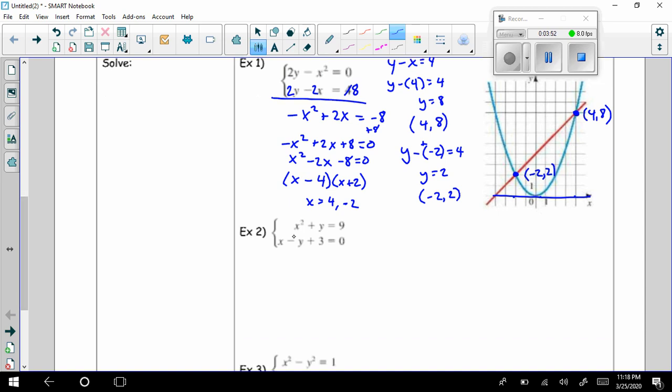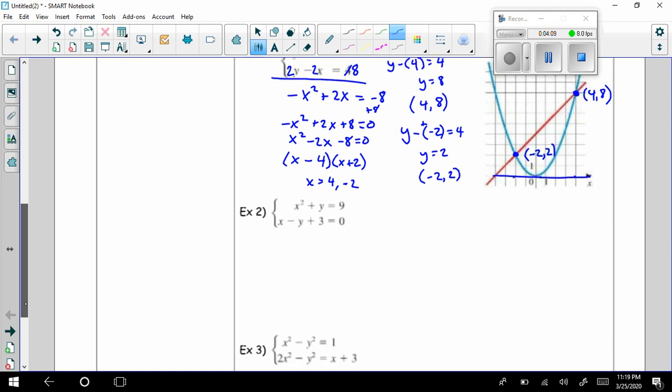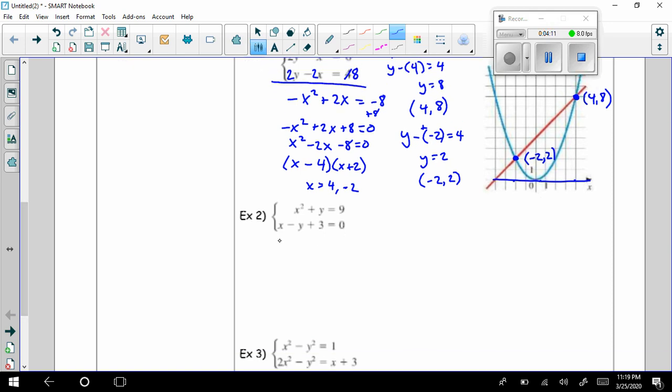You can also use substitution to solve. So recognizing the fact that here I could use elimination, but I could also solve one of these equations for either x or y. So let's solve this bottom one for x so you can see what that looks like when we need to expand. So we have x equals y minus 3.